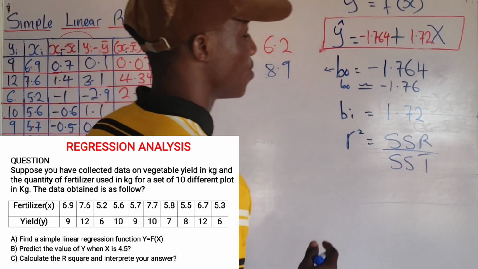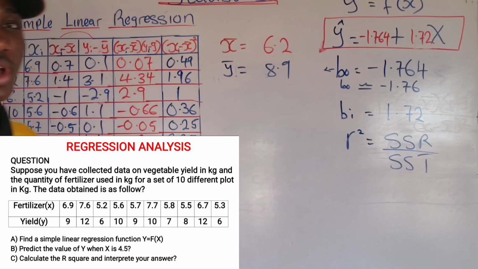SSR refers to the sum of square due to regression. You understand? SSR is the sum of square due to regression, and SST is the sum of square total, or total sum of square. Okay, now to get the SSR and SST, I'm going to give you some formula, and I want you to pay attention. To get the SSR, you have to use this formula.